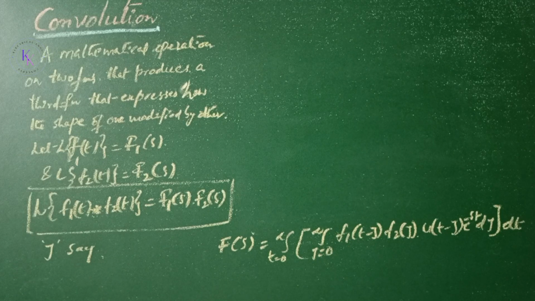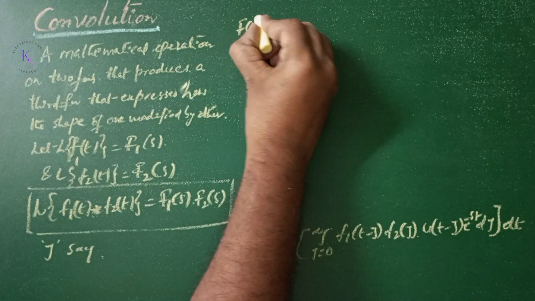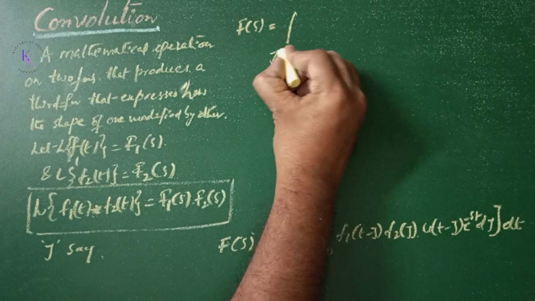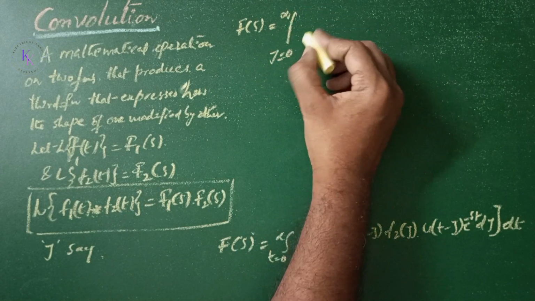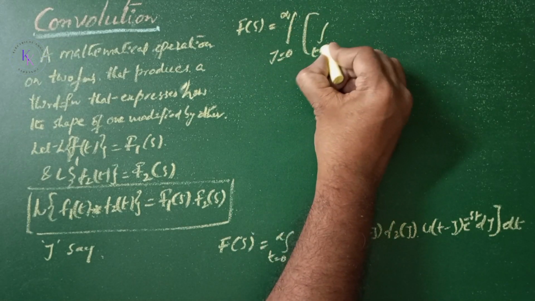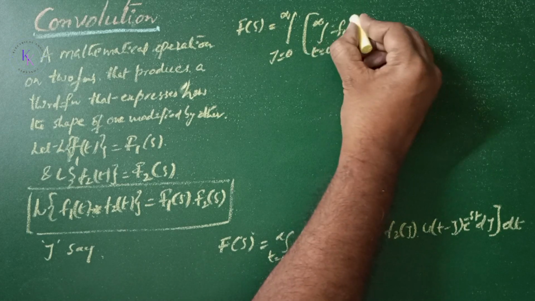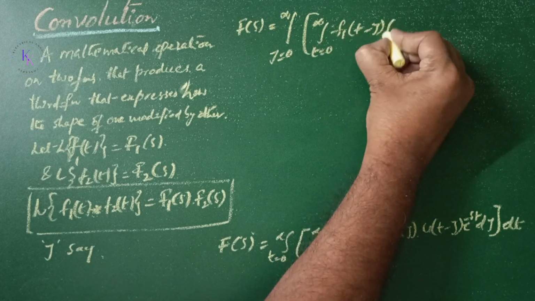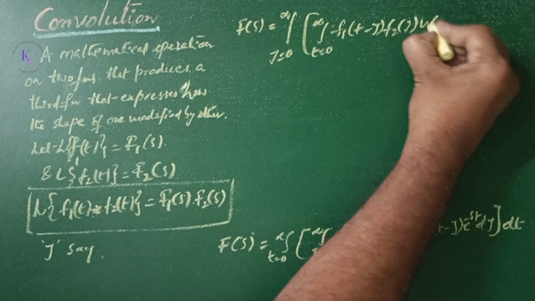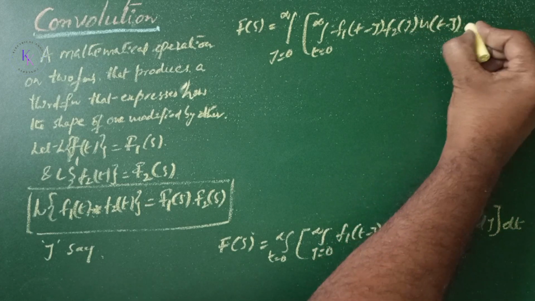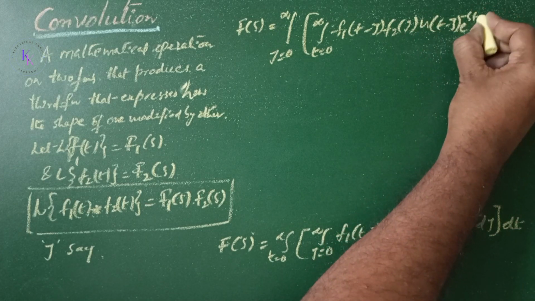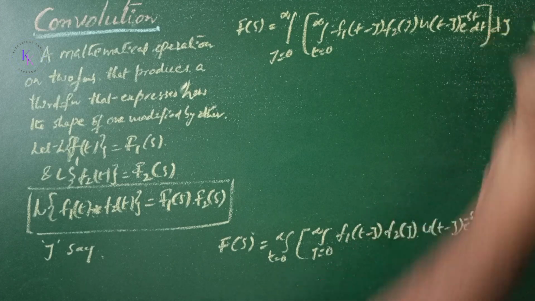As the functions are Laplace transformable, F(s) equals the integral tau from 0 to infinity of the integral t from 0 to infinity of f1(t minus tau) f2(tau) u(t minus tau) e^(-st) dt d tau.